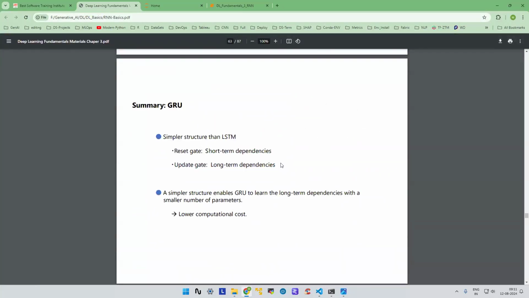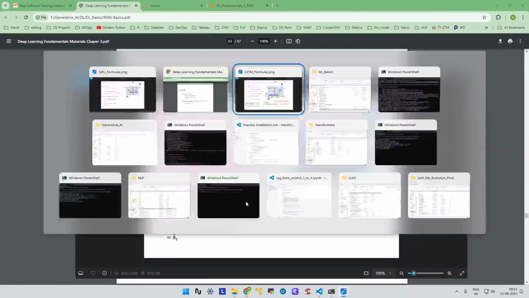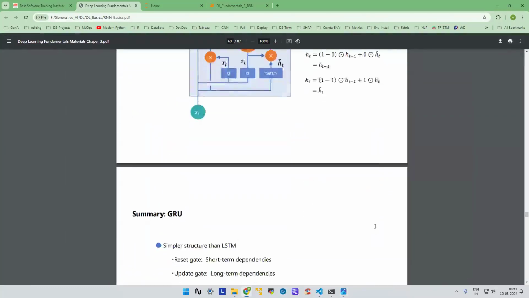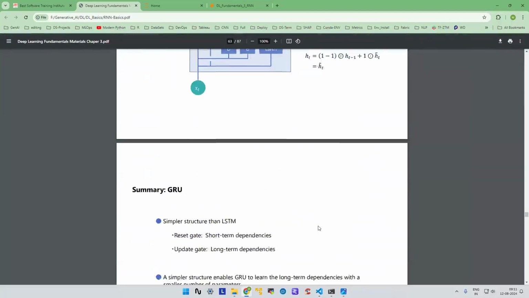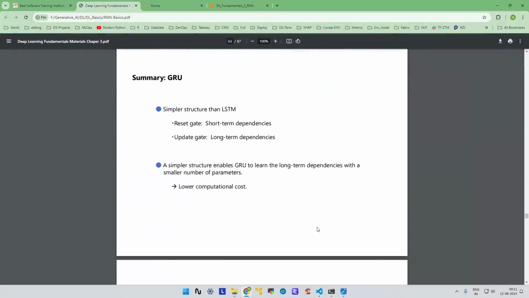Because it has only two gates, the reset gate and the update gate, the input gate and forget gate have been combined to form the update gate, and the reset gate came later.